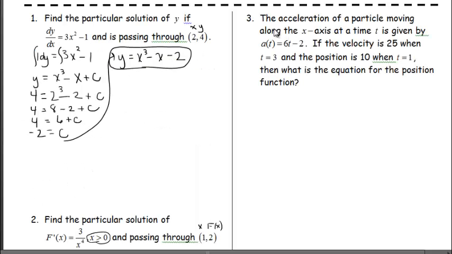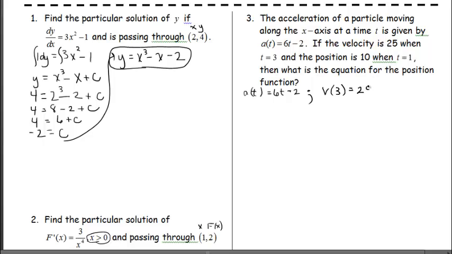All right, this one's a little more involved. They give us an acceleration equation, and then it gives us some information about the velocity and the position. So let me see if I can put this all together. All right, that's given. Velocity is 25 at time equals 3. That would look like this.